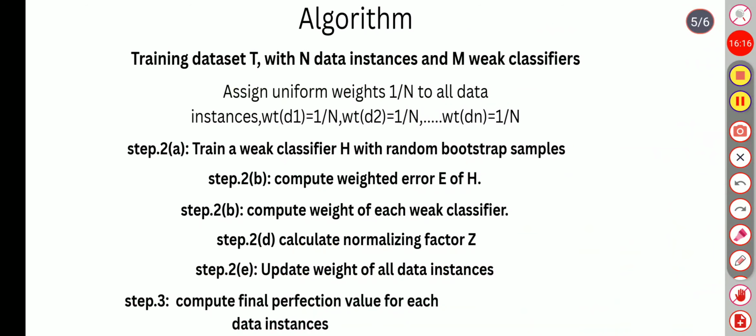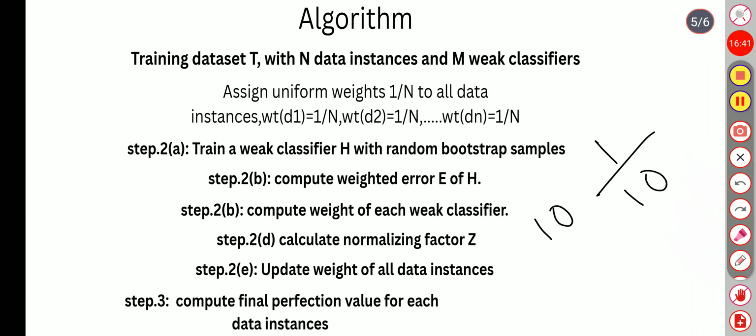See the algorithm. What it's saying: assign the uniform weight, 1 by n, to all the data instances. Here the initial weights need to be taken through the probability concept. It means if you have 10 instances in your data set, the probability of each instance will be 1 by 10.